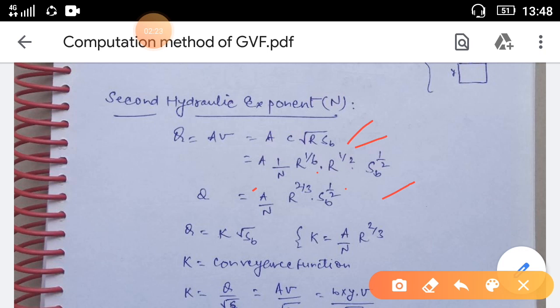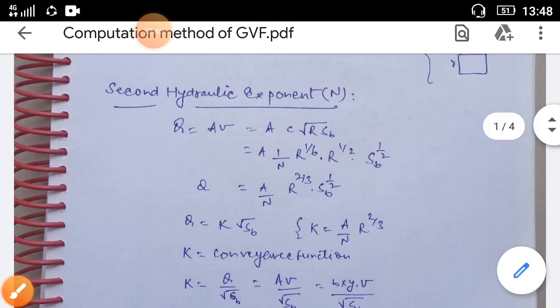So after solving we get Q is equal to A by n R to the power 2 by 3 S_B to the power 1 by 2. So we can see that K is equal to A by n R to the power 2 by 3. So Q is equal to K under root S_B, where K is our conveyance function.